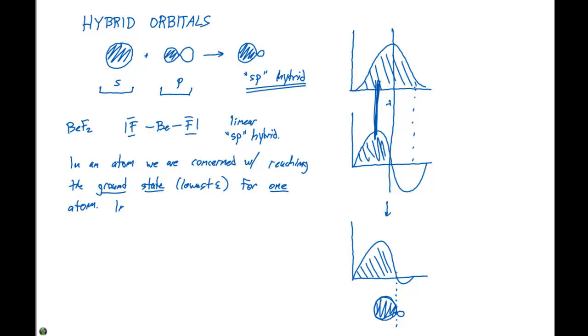But in a molecule, we need to reach the lowest energy for the entire molecule.